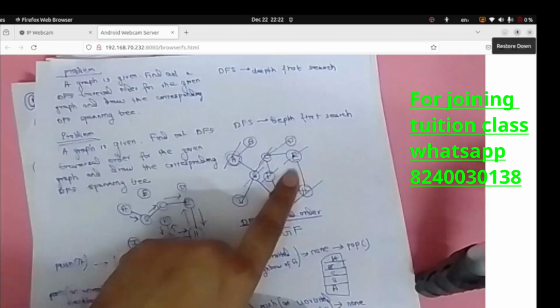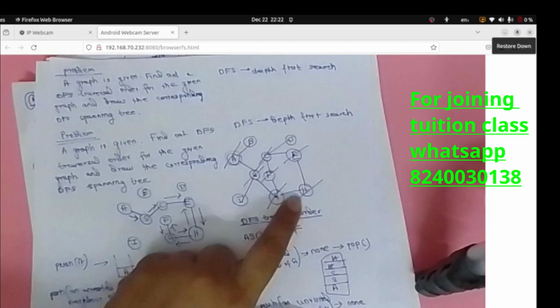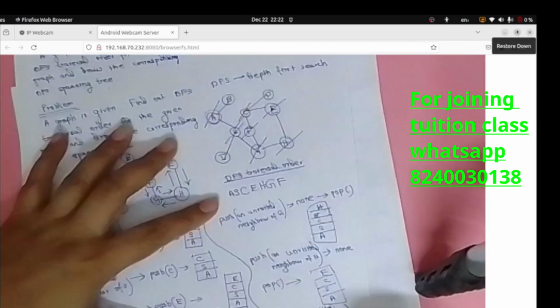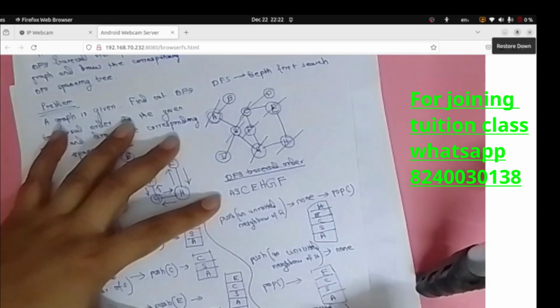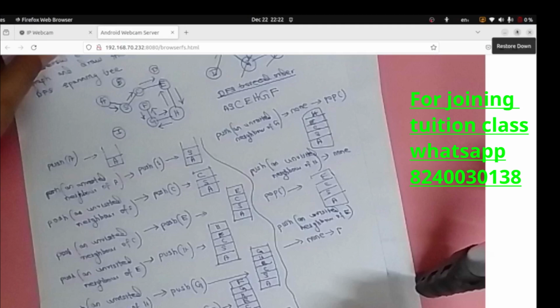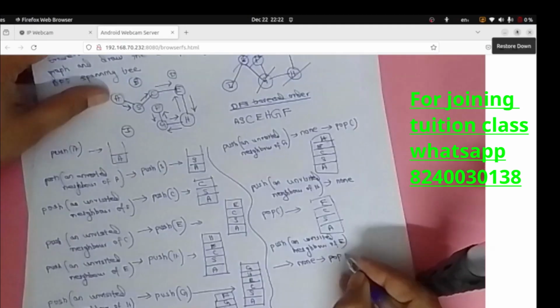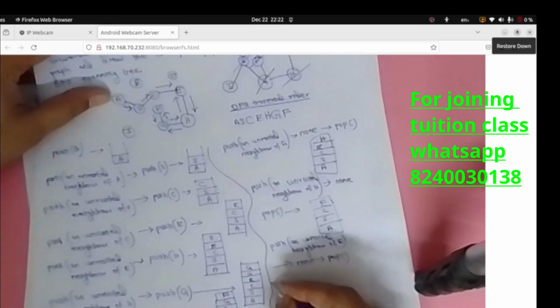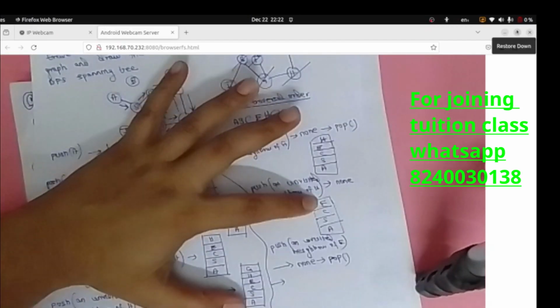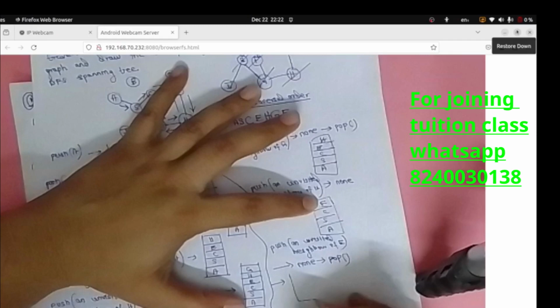Here E has only two neighbors, C and H, and both are visited. So there is no such unvisited neighbor. So what's the operation? The operation will be pop. That means the topmost element of the stack, which is E, will be removed, and the current stack content will be A, S, C.